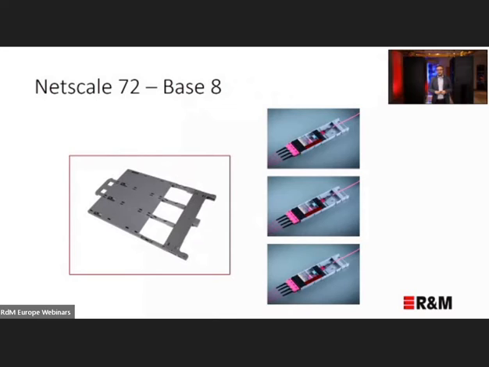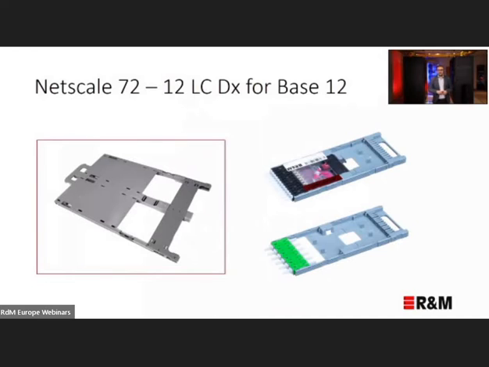Base 8 can hold up to three modules with 8 ports each. Modules with just 8 ports are specially designed for 40 gigabit and 100 gigabit applications. Base 12 can hold two modules with 12 ports each.